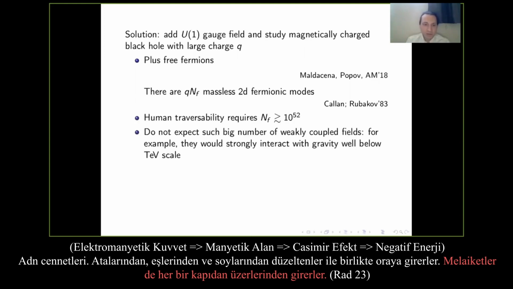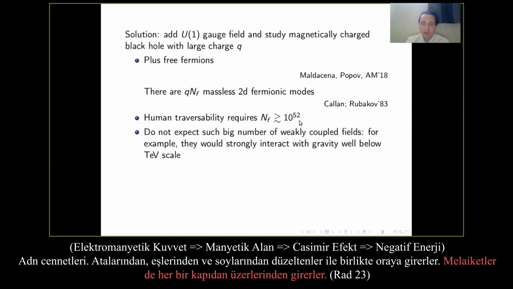But there is a problem with this, because even if we have some dark sector with this dark U(1) gauge field, it requires an enormous number of fermionic fields in order to make it macroscopic and humanly traversable. The number of fermionic flavors should be 10 to the 52. So it's extremely unlikely that there will be a dark sector with this number of weakly interacting fermions.